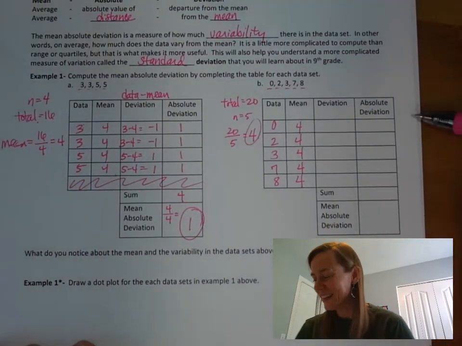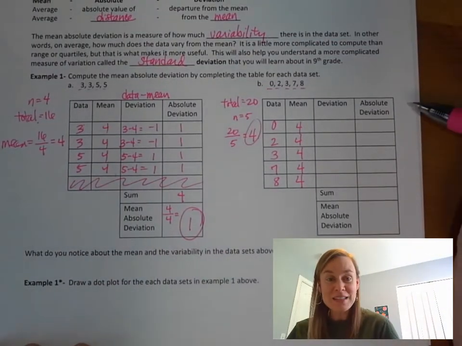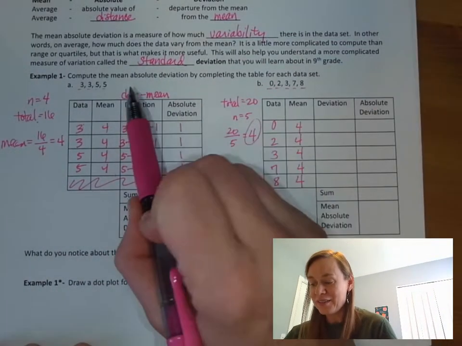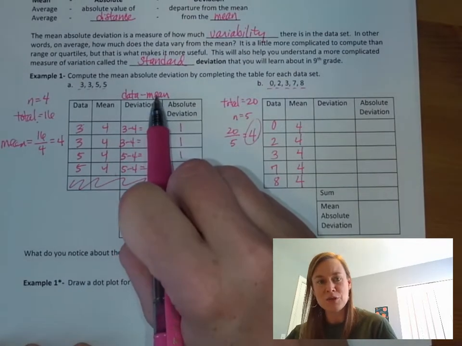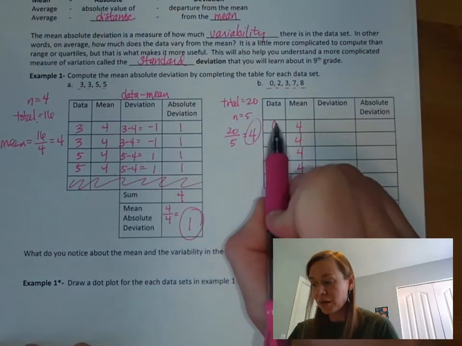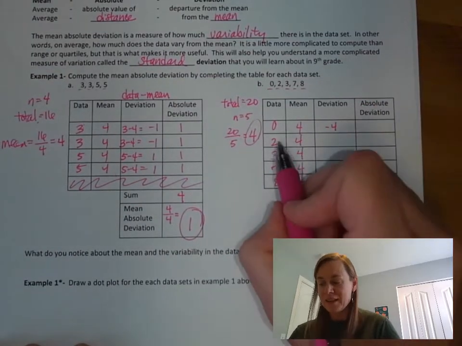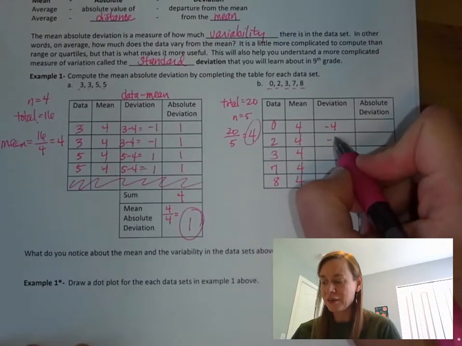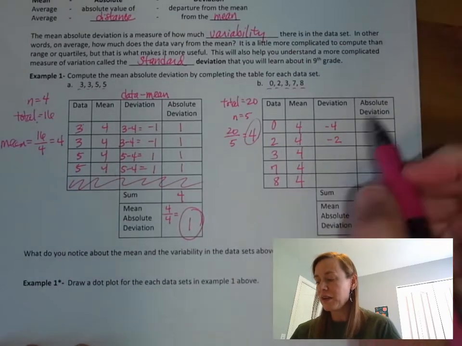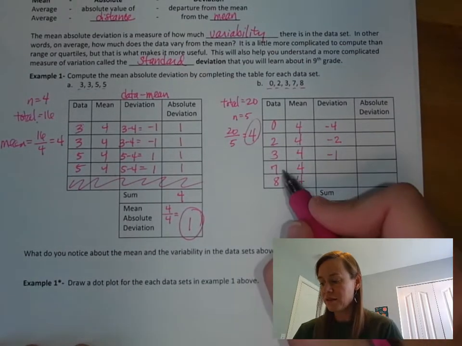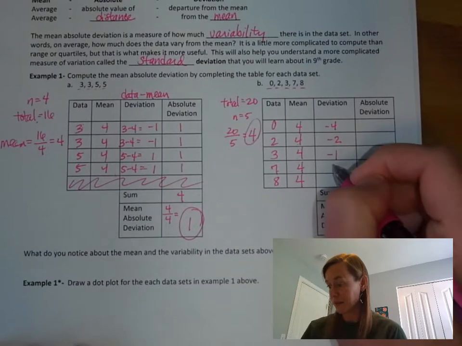All right, it's time to do that deviation, and as you may recall, that means we take the data and subtract the mean. So here we're going to go 0 minus 4, which is going to equal negative 4. Then we're going to go 2 minus 4, which is going to equal negative 2. And then 3 minus 4 is negative 1. 7 minus 4 is a positive 3.